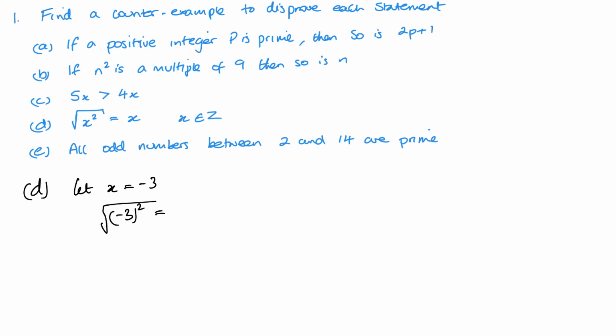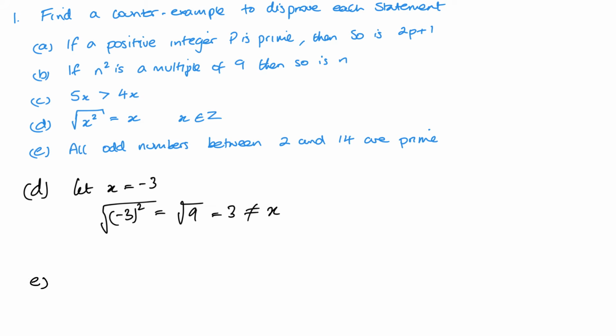So square root of 9, which is 3, which does not equal x. Remember that if I square rooted 9, I could obviously get a -3, but we're just using one example to show that this statement isn't always true.